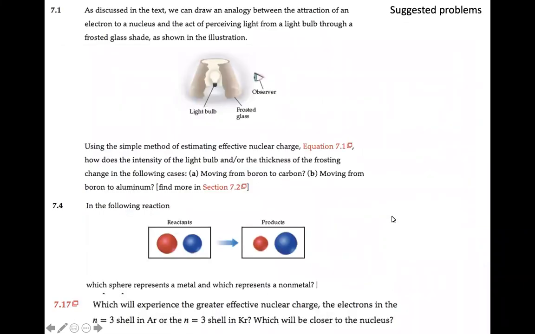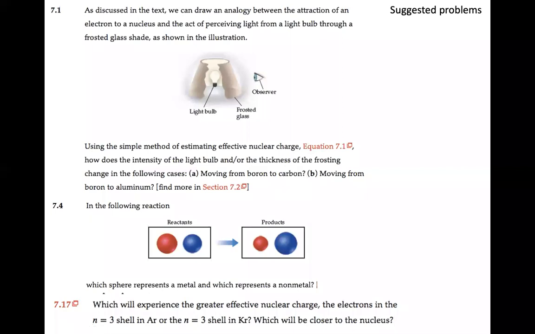Now, I'm going to show you a couple problems here, and then I'm going to continue my discussion. But I want to show you the problems that are related to what we've been talking about. So here's one at the top where it shows you that analogy once again and asks, how would this apply if you begin to connect it to some chemistry ideas? It's taking that same thing and asking how it would relate to different parts of the periodic table.